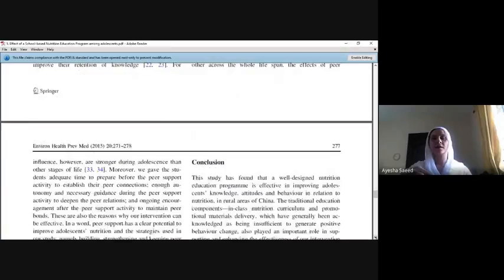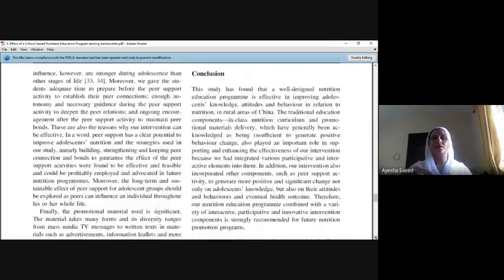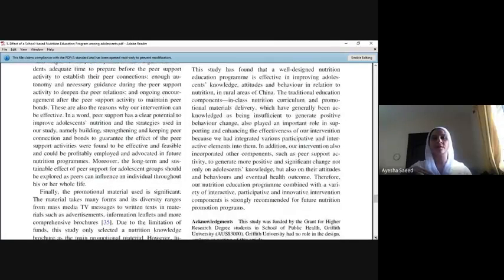This is a discussion of what were their main findings, how their program was relevant, what advantages or disadvantages they had, what limitations they faced during their study, and what could be improved, and what further recommendations they suggest for curriculum development and for nutrition education interventions.